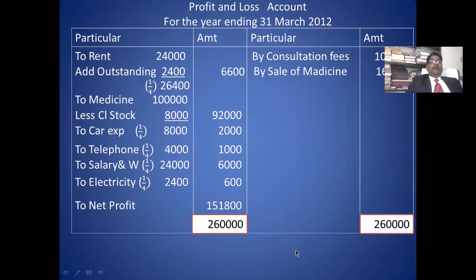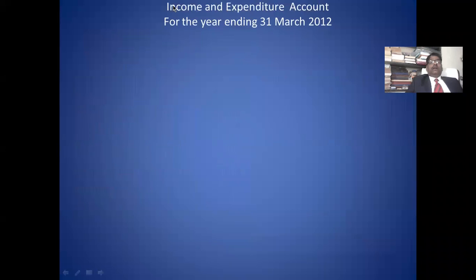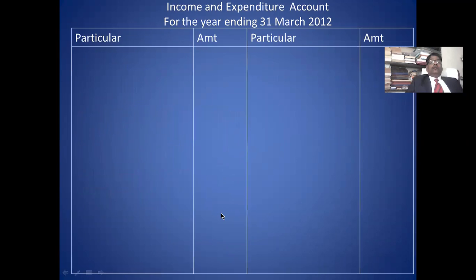Now you prepare the income and expenditure account. This is income and expenditure account. Okay. In this income and expenditure account, you have to take household transactions only. Household incomes and household expenses.